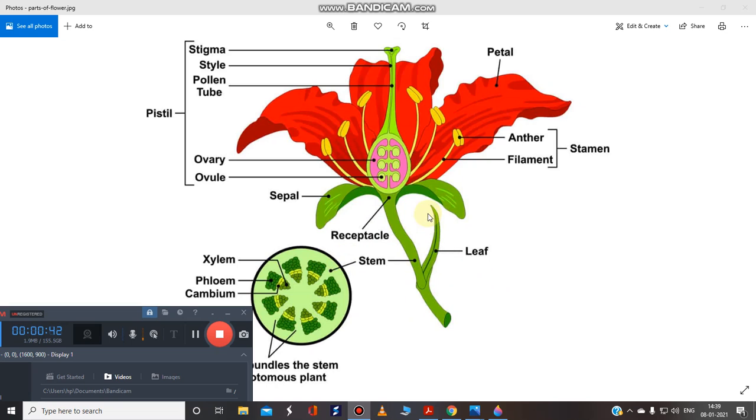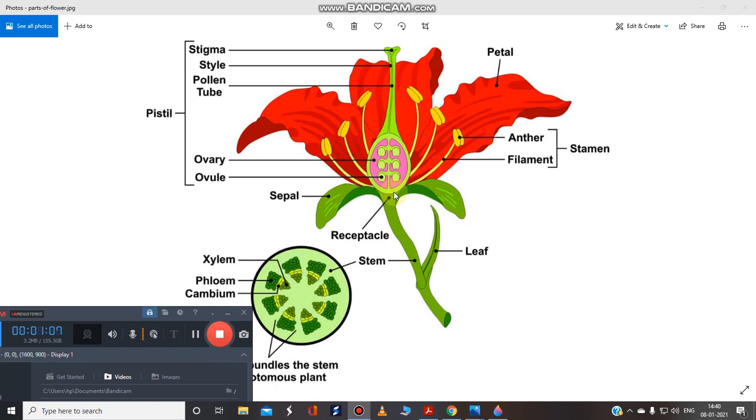So this is the leaf, as you know, this is the stem part. So this is important. Receptacle, very important. Receptacle is there, and these are the sepals. Like in case of leaf, we have sepal, but this is again an exception. Not all the flowers bear the sepal part.